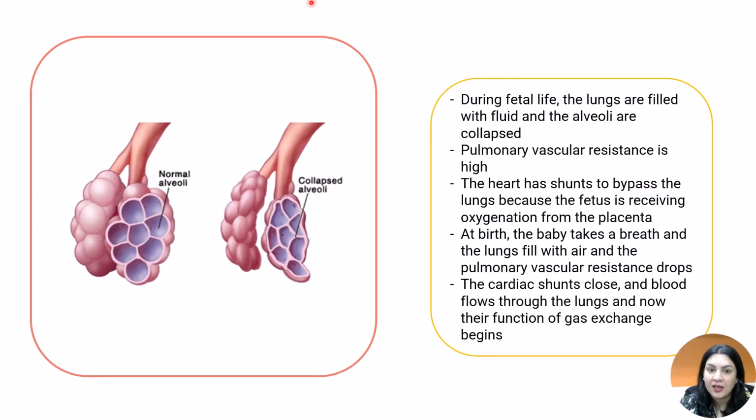This drop in pulmonary vascular resistance causes the shunts of the heart to snap closed. And when all of this happens, as well as the fact that these previously collapsed alveoli now have surfactant, all of this is happening at the same time, so that when the baby takes its first breath of air, the lungs are going to be able to fill up with air, and the blood can start to efficiently pass through the lungs to enable that essential process of gaseous exchange to occur.